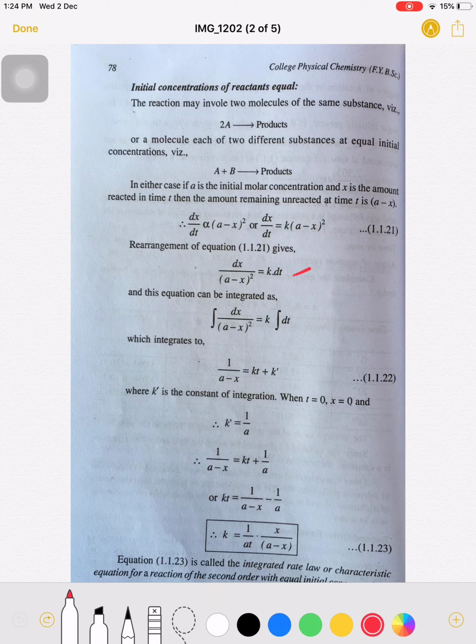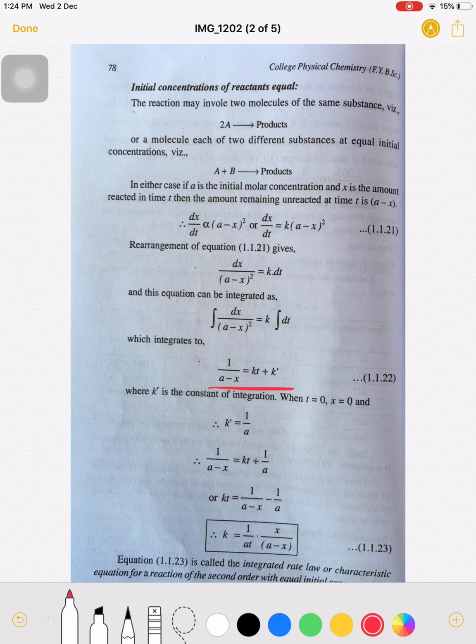If we integrate this equation, the integration of dx by (a minus x) squared is equal to k, the proportionality constant, times the integration of dt. By integrating, using the formula for integration of 1 upon (a minus x) squared, you will get 1 upon (a minus x) is equal to kt plus k dash.